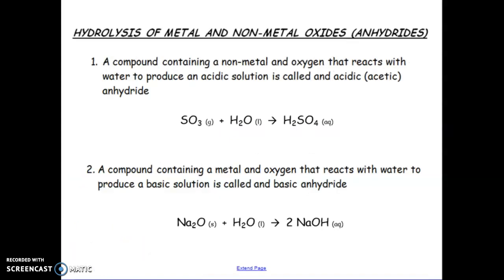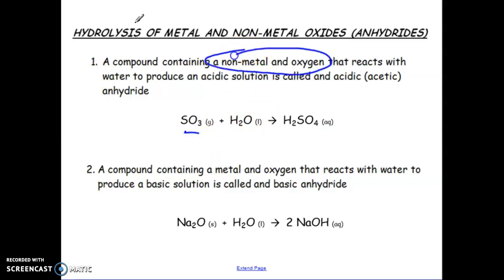And the very last part here is kind of stepping away from the salt solutions. It's a little bit different. These are when you're dealing with oxide compounds, meaning you have a compound or molecule where you have oxygen and you're incorporating it into water. There are two scenarios.